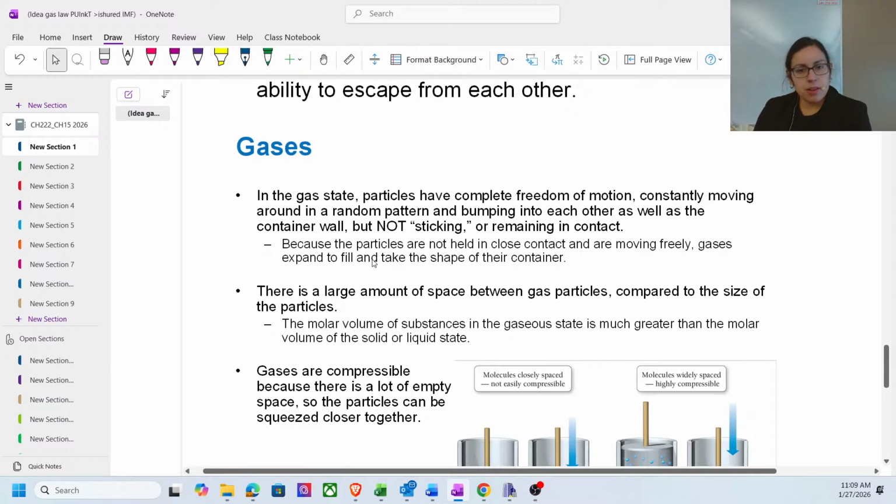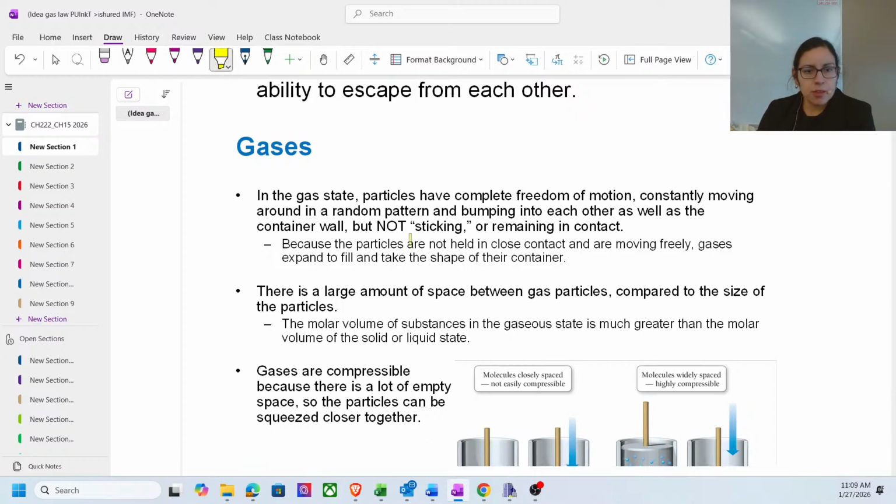Like we looked at with gases, this is a reminder from our gas chapter. Our particles have complete freedom of motion, constantly moving around. Like we said, they're moving in straight lines until they collide with a wall or one another, and then we assume they don't stick.